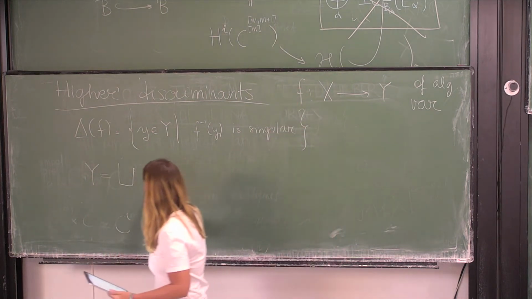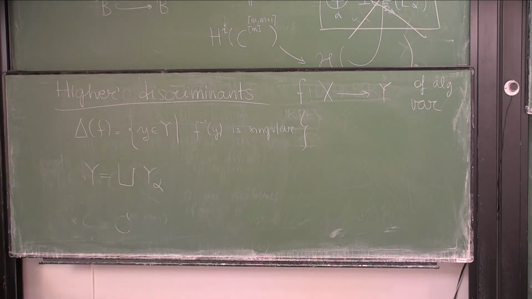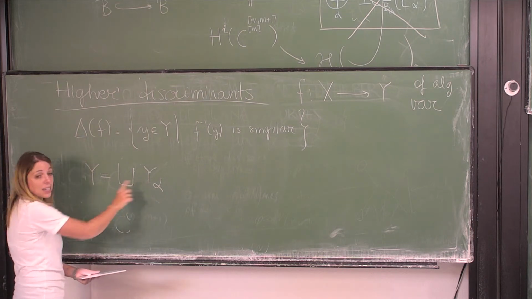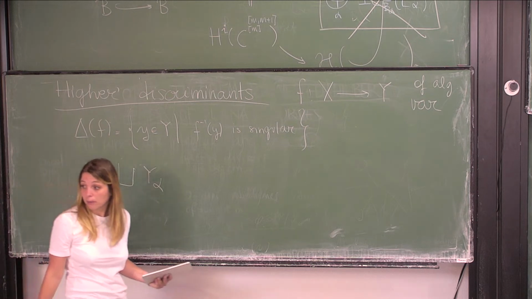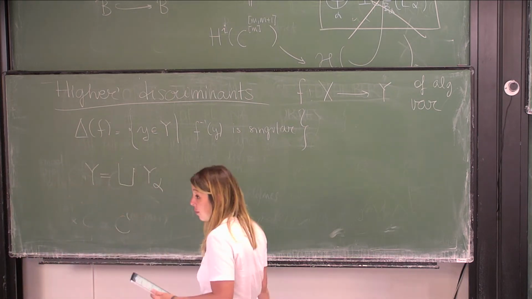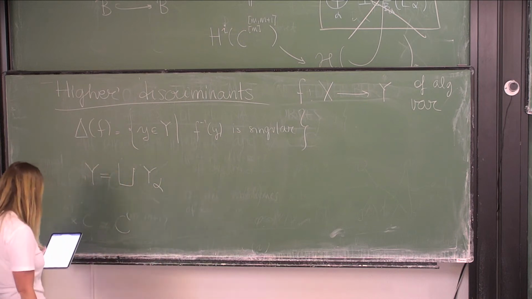This means that I have a disjoint union of non-singular strata, and in each stratum the fiber is a topologically trivial fibration. So it's a topological stratification for the map, and moreover I ask that the strata are non-singular.